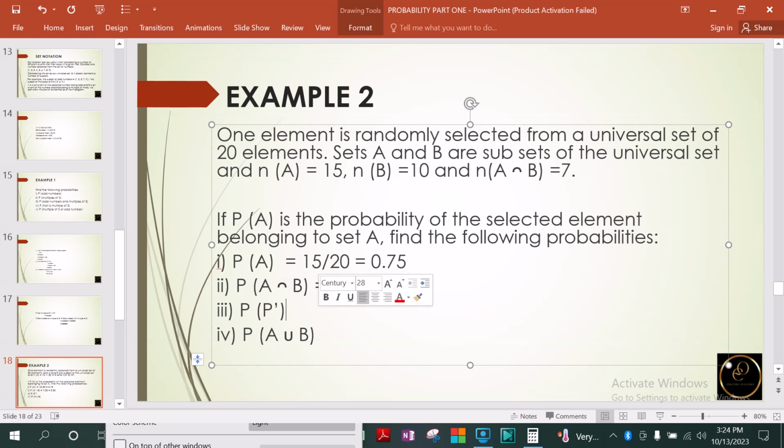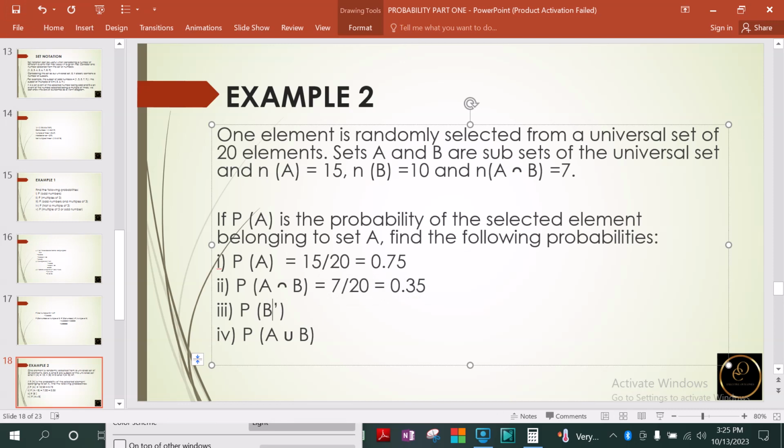We come to this one. The probability is supposed to be for B complement. Okay, the probability of B complement in that particular case. So what is outside B?